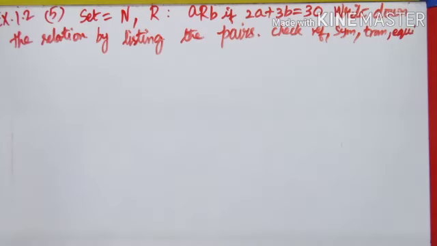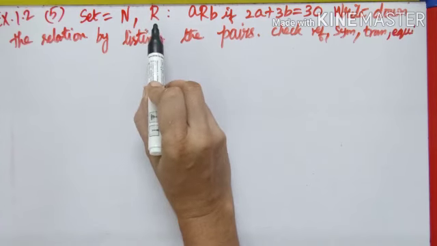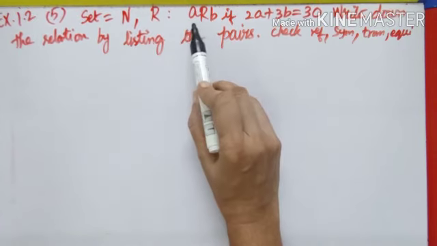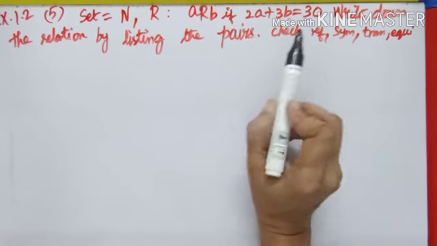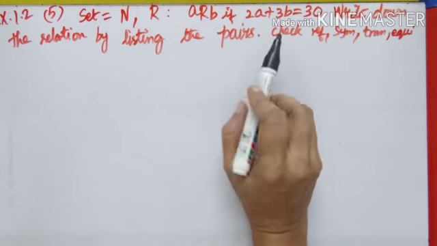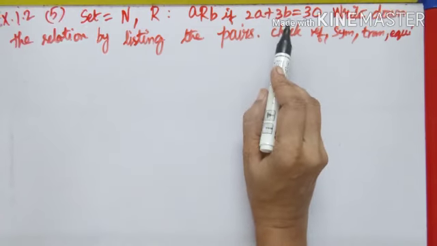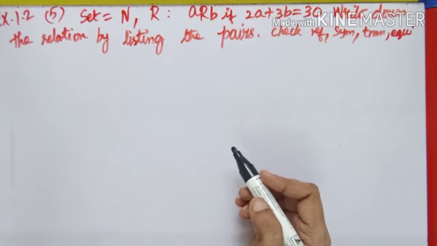Question number 5. Set of natural numbers. The relation R is defined as ARB if 2A plus 3B equals 30. Now let us find out which pairs A, B will be suitable to obey this relation.